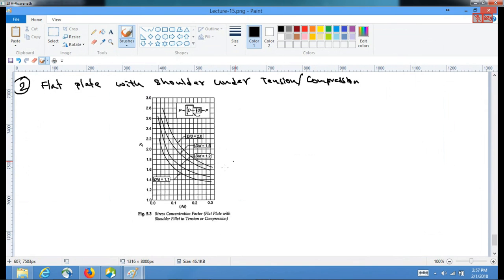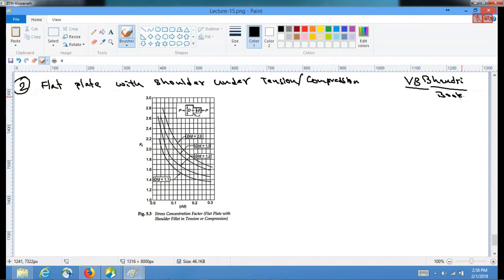You can find this in any standard textbook. I've taken it from Bandari et al. In the Bandari book, VB Bandari, Design of Machine Elements, you can find such tables.